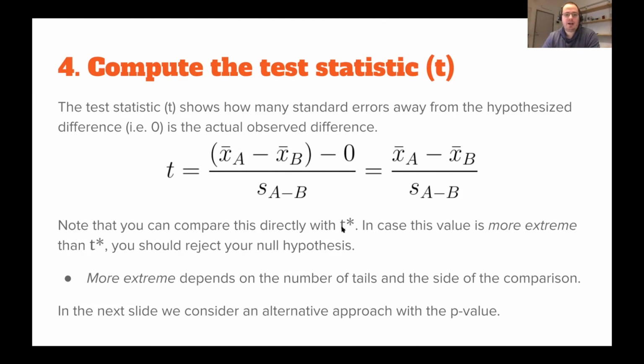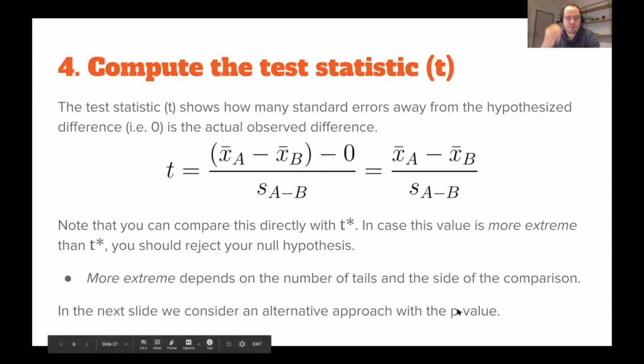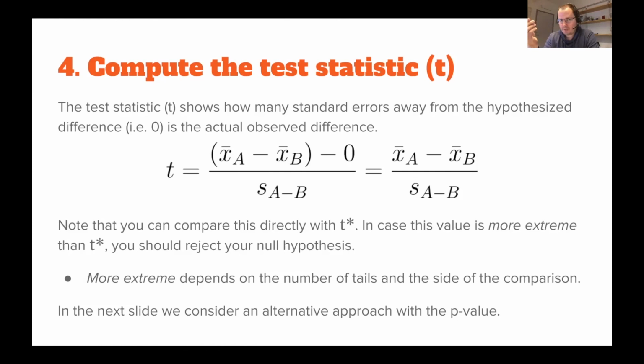However, there is this other, more detailed way of doing this, which is actually to move on and compute the p-value. So the p-value, p comes from probability, right? I mean, we've talked about this before. It's kind of a recap, but p comes from probability.